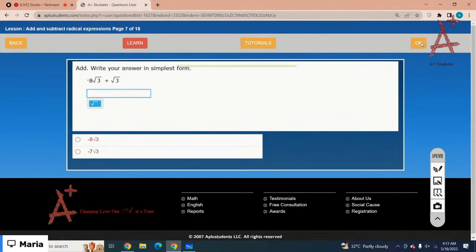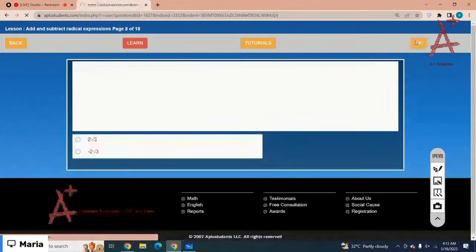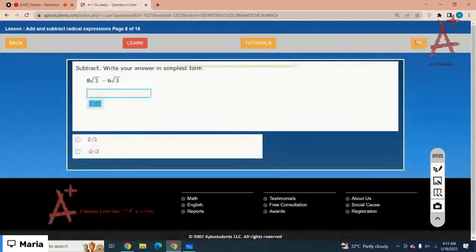So it would be negative 7 square root 3 is the correct option. Okay, 8 square root 3 minus 6 square root 3. So which is the correct option? It would be 2 square root 3 is the correct option.